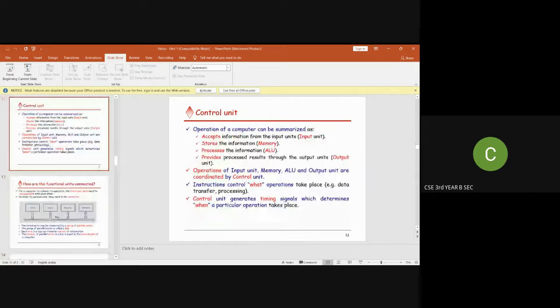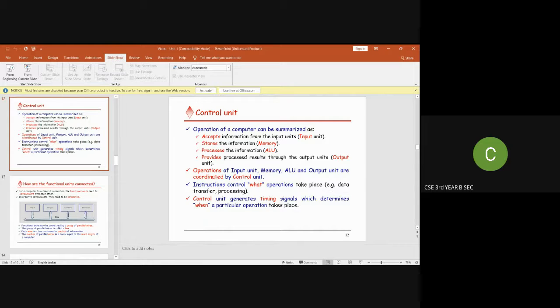Next one is the control unit. The operations of a computer can be summarized as accepts, stores, processes and provides a result. It accepts information from the input unit, stores the information in memory, processes the information in the ALU and provides the results to the output unit.